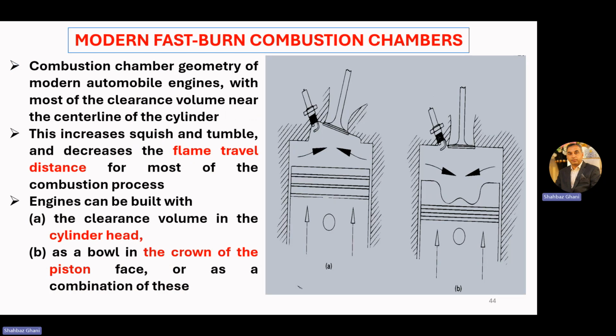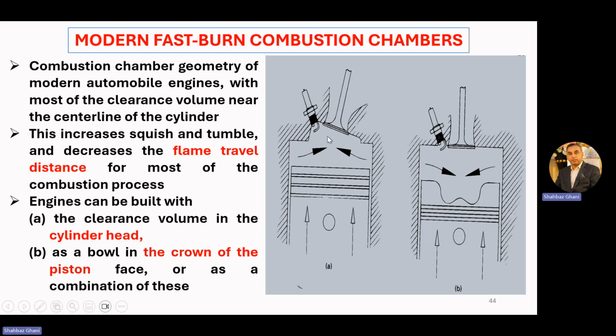Now, the modern fast burn combustion chamber, as we have studied in chapter 6, same figure here, with most in figure A, more of the clearance volume on the center line and mostly in the engine head.